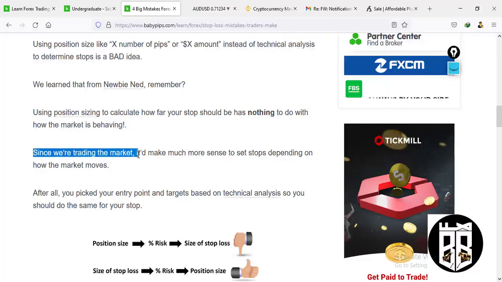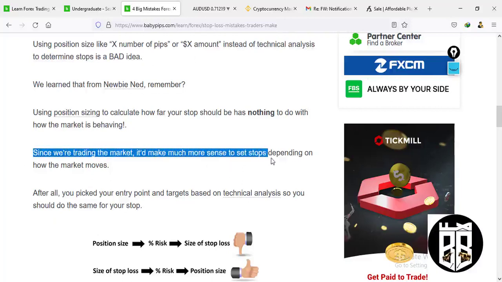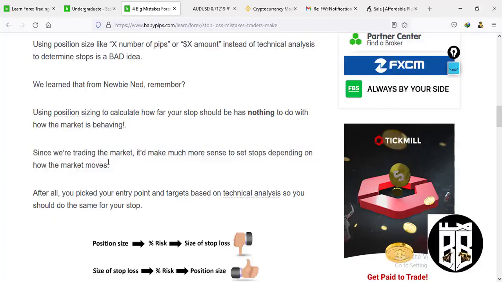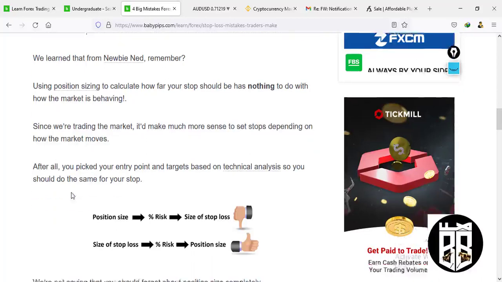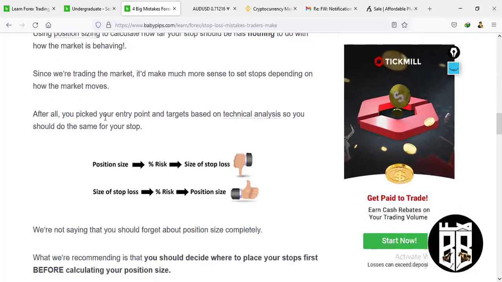Since we are trading the market, not trading money, it makes much more sense to set stops depending on how the market moves, which is market environment. That's what we are trading, market behavior. After all, you picked your entry points and your targets based on technical analysis, so you should do the same for your stops.